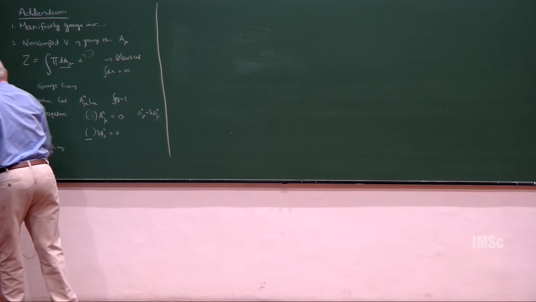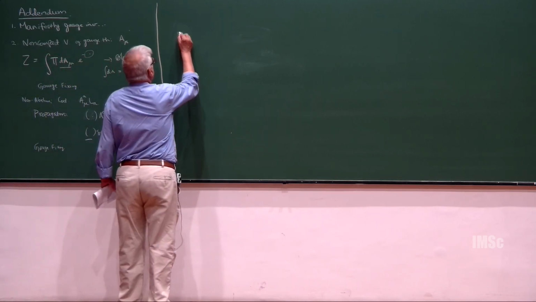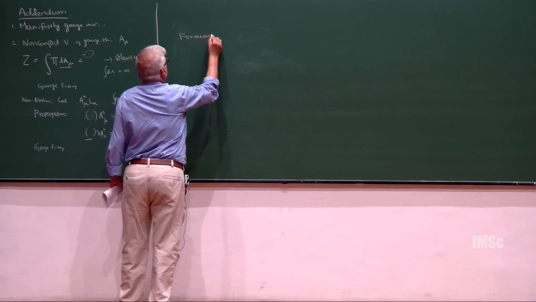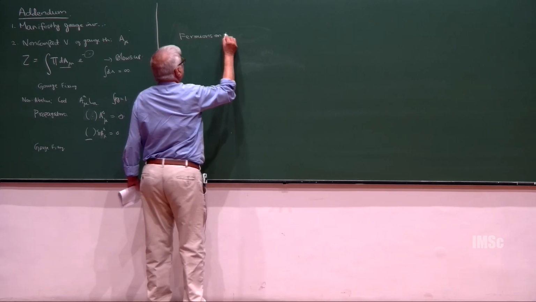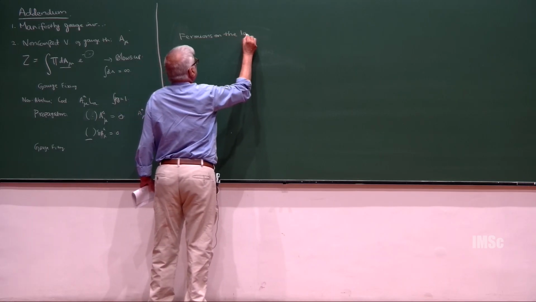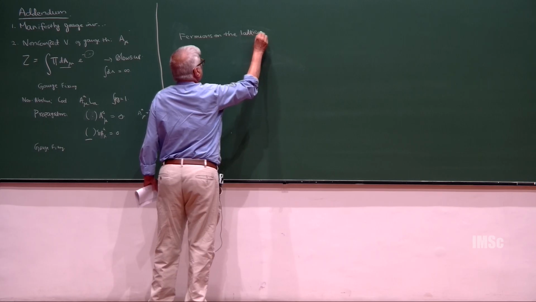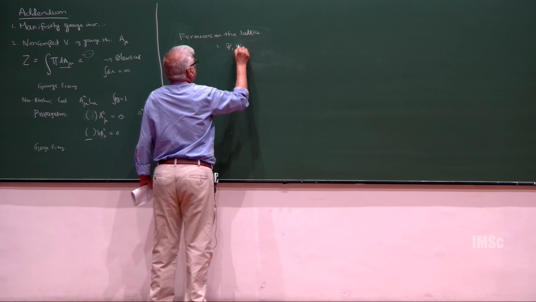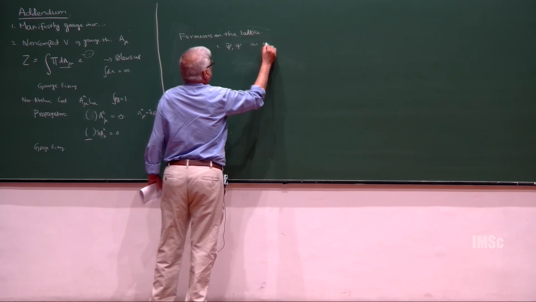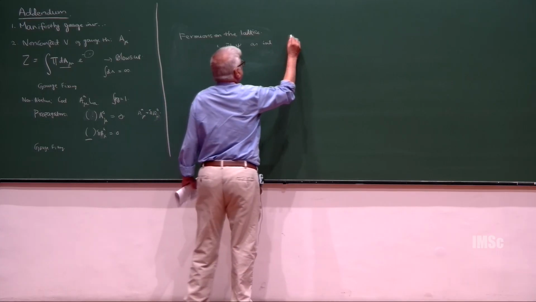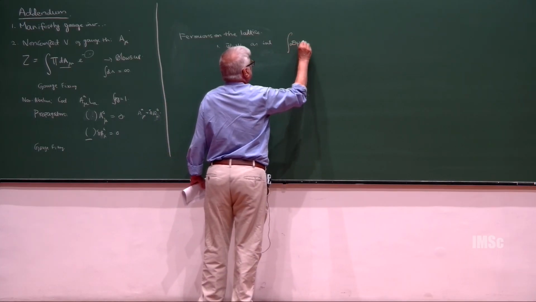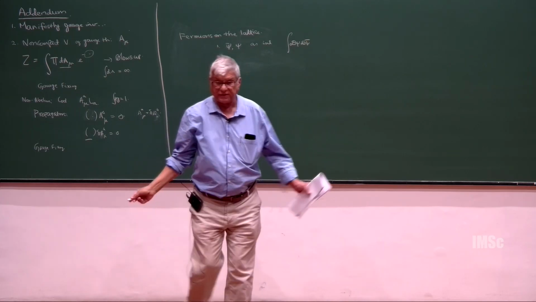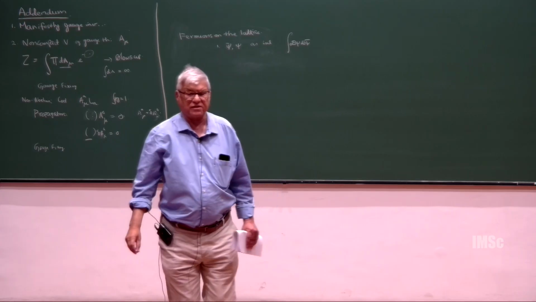So now we go to fermions on the lattice. I already mentioned a few things: you have to treat psi and psi bar as independent variables, and the path integral measure actually involves both d psi and d psi bar. So this is more like the phase space path integral of classical statistical mechanics.